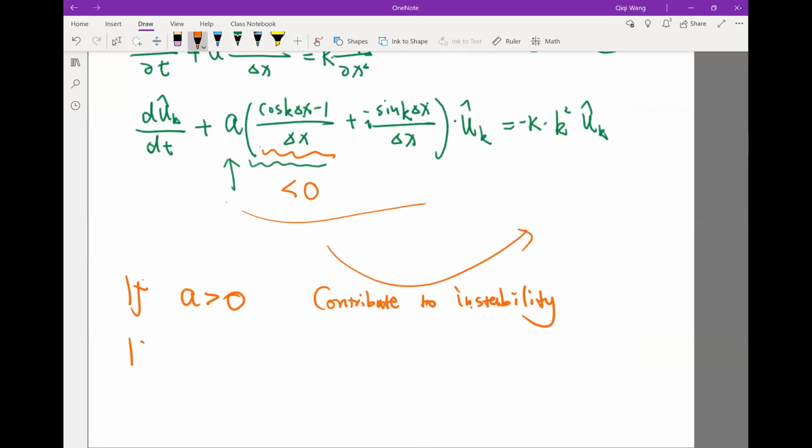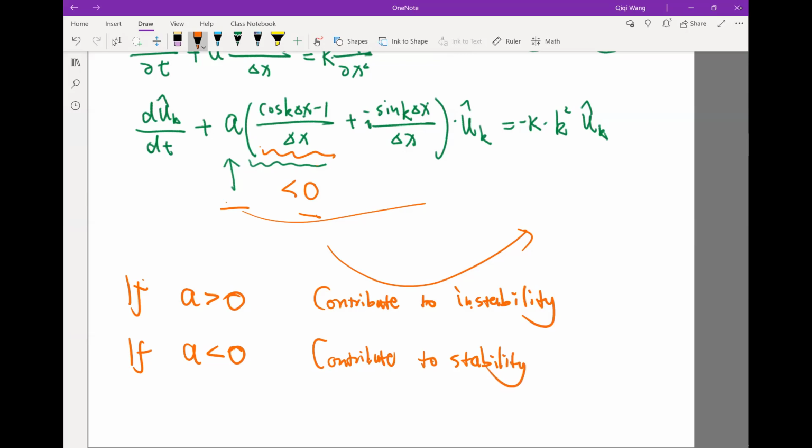But if a is less than 0, it has a positive sign when it is on the left-hand side of the equation. And when you move it to the right-hand side of the equation, it's a negative sign times u hat of k. So if a is less than 0, the artificial real component of this finite difference scheme contributes to stability, right?